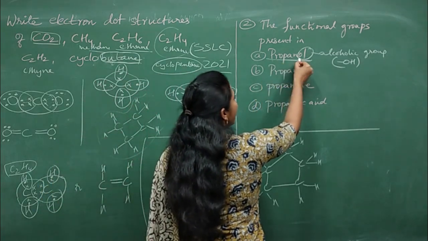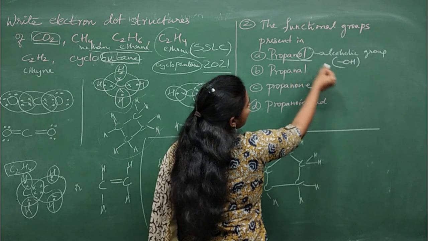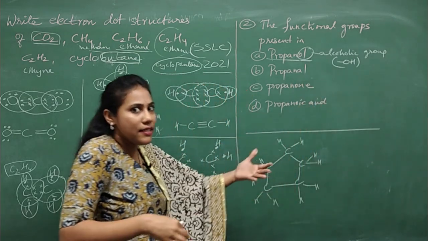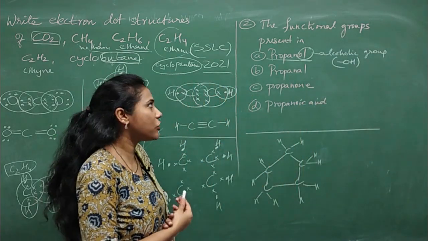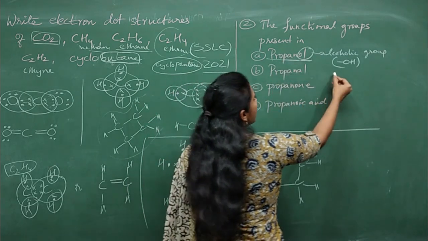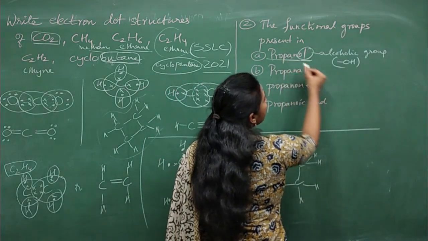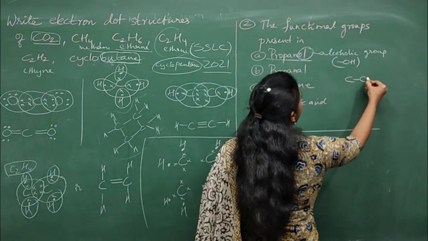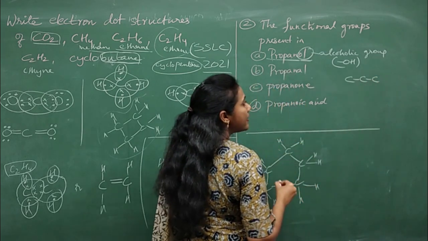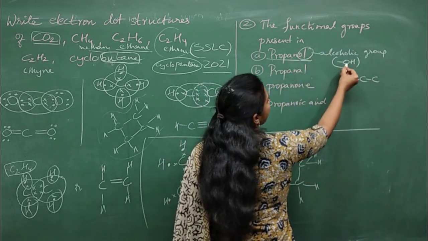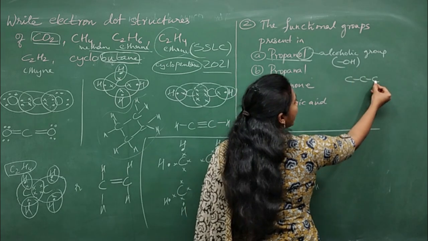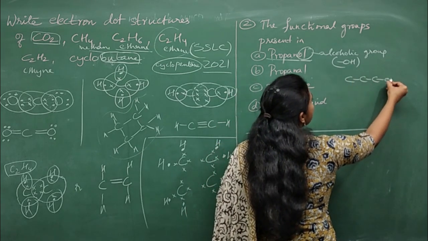So the name is there. If you have to write its structure, how do you write? This is another aspect of a question actually. So how can you write the propanol structure, guys? Prop in the sense what? 3 carbon atoms are there, isn't it? Which functional group is attached to one of the carbons? The OH group is attached.